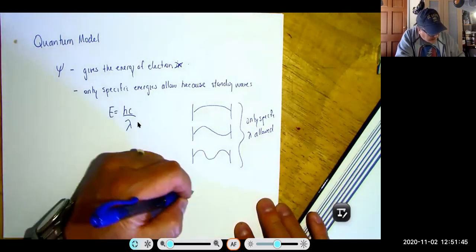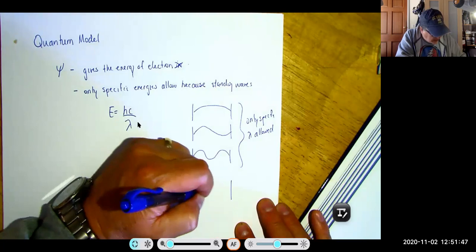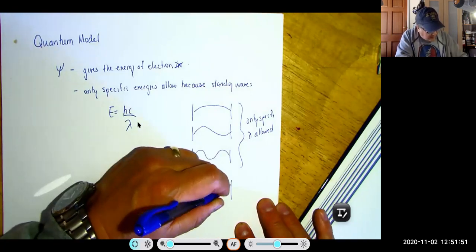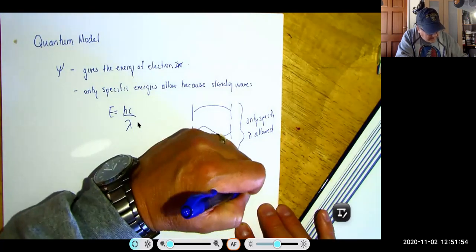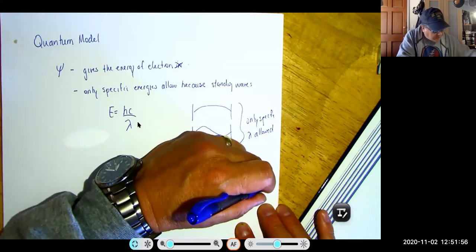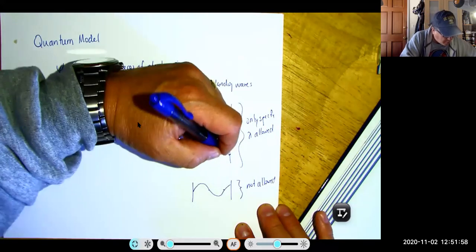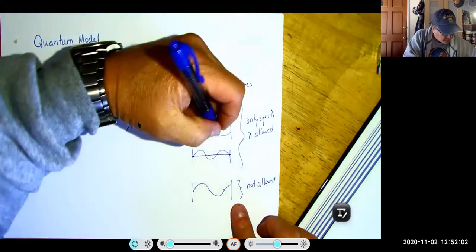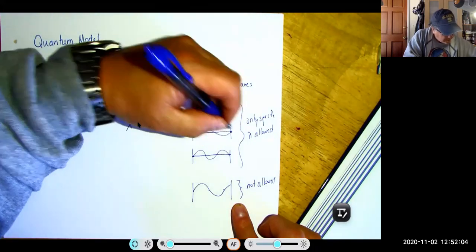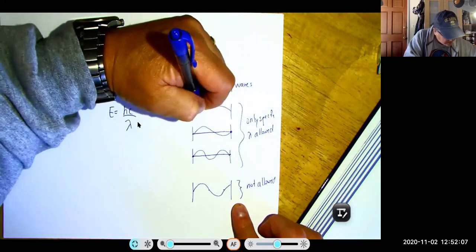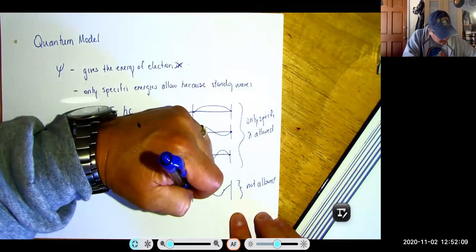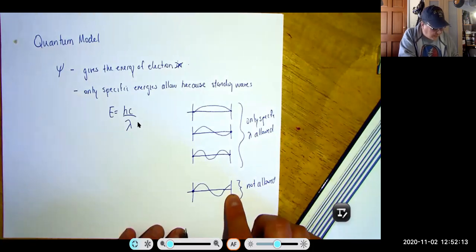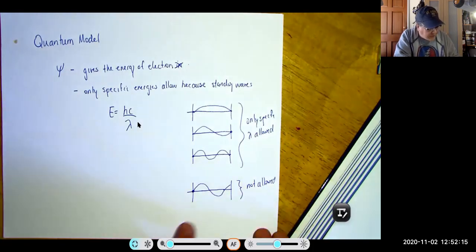And here's an example of a wavelength that is not allowed. This wavelength is not allowed because for our standing waves, all of these points have to line up, the end points, just like a jump rope. And here's an example where there's no point on this wall where it lines up with that point. So this is not allowed.